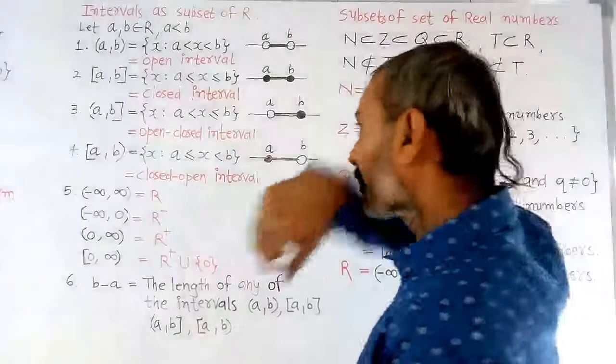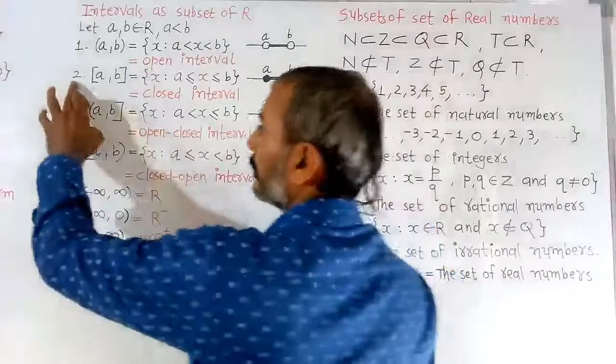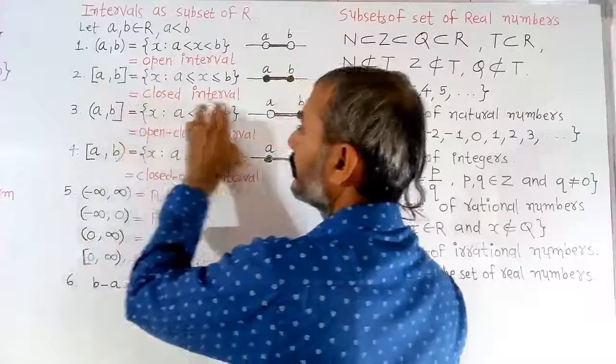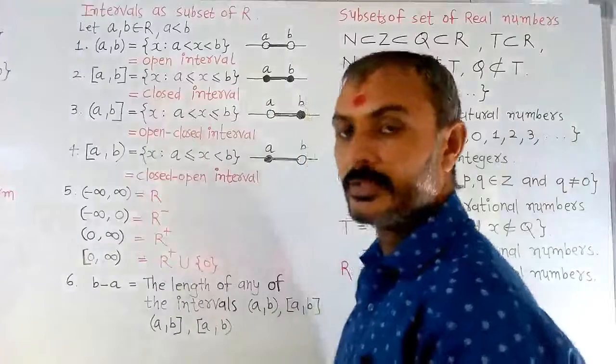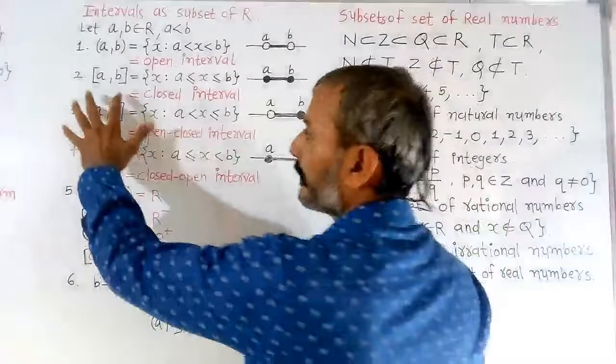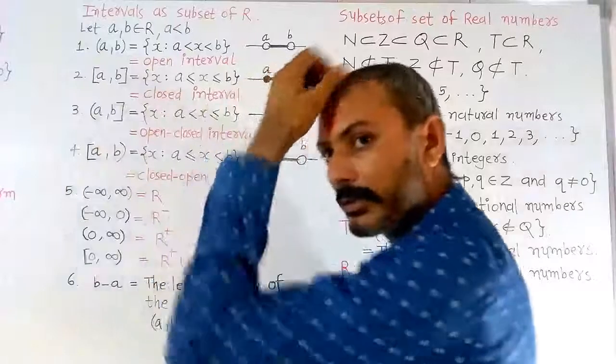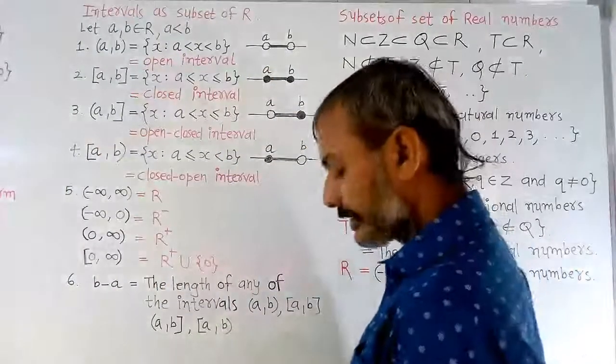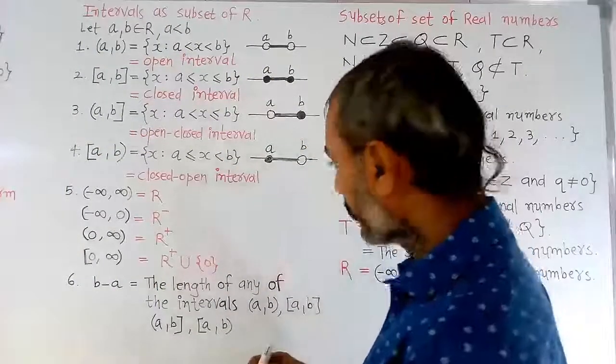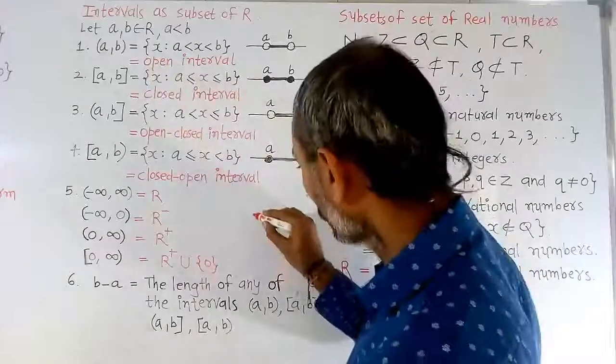Okay. Then next, second, this is called a closed interval. Closed means square bracket. This is a round bracket. This is a square bracket. Okay. You can remember like this: open interval.